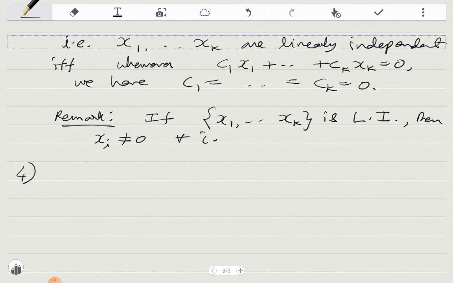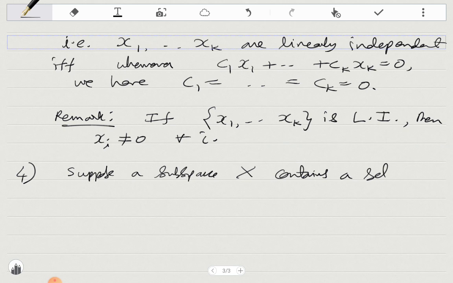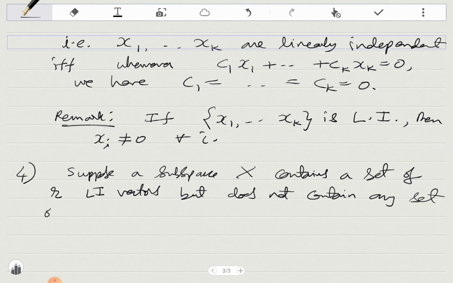The fourth one is: suppose a subspace X contains a set of r linearly independent vectors, but does not contain any set of r plus 1 linearly independent vectors.